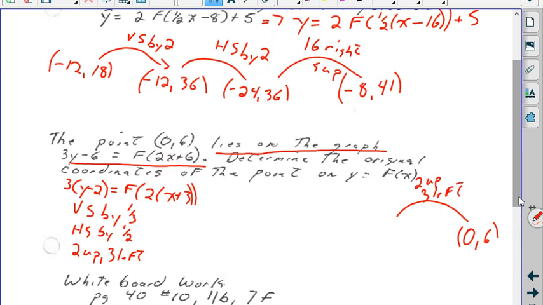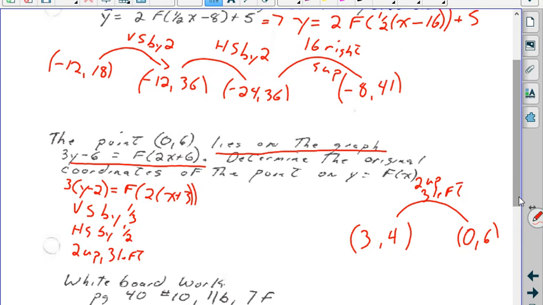Oh, to get to 0.6, we went 2 up. Okay, well then I must have started at 4 and 3 left. So if I started at 3, 4, I went up 2, I would get to my 6, and if I went left 3, I would get to my 0. So here's my translation.